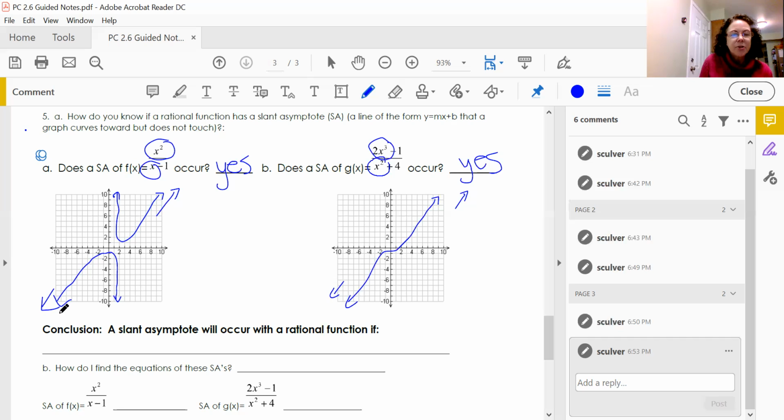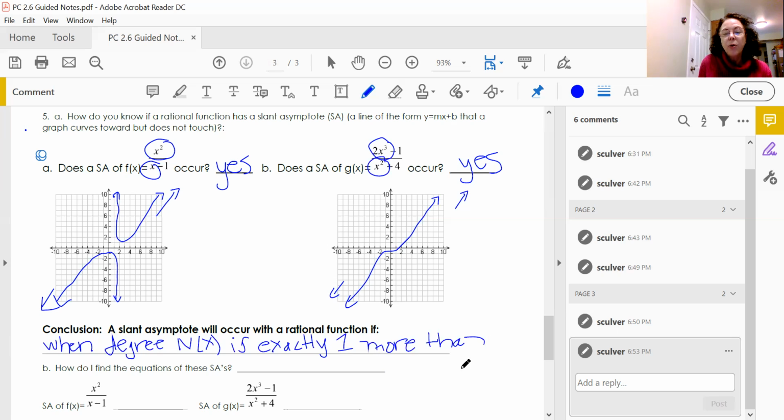So a slant asymptote will occur when the degree of the numerator is exactly 1 higher, not more, exactly 1 more than the denominator.